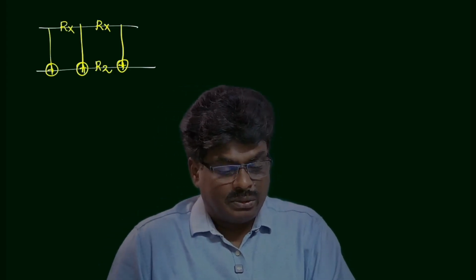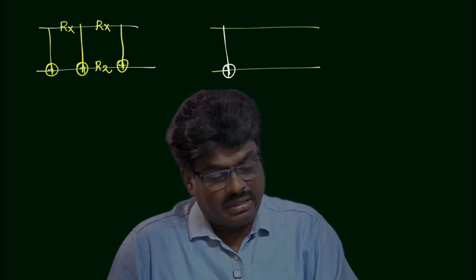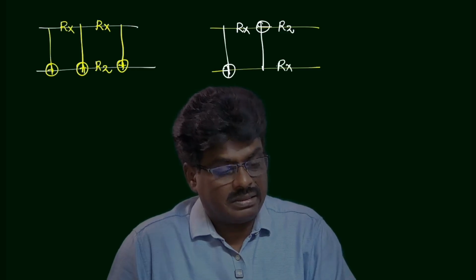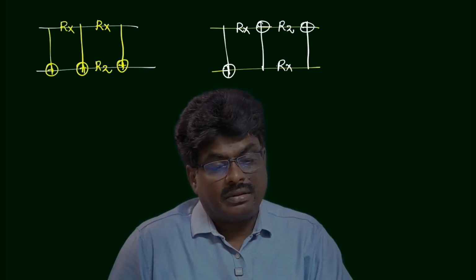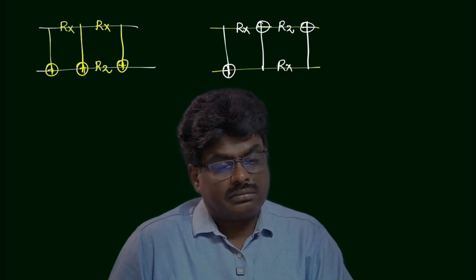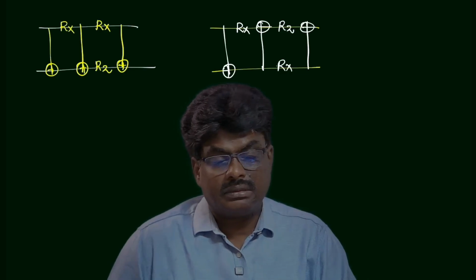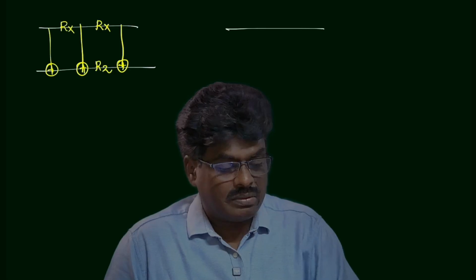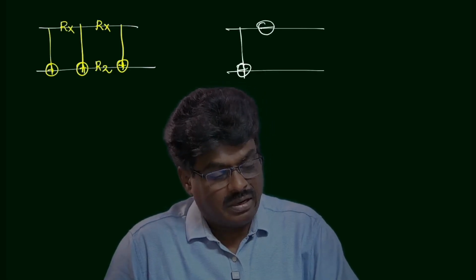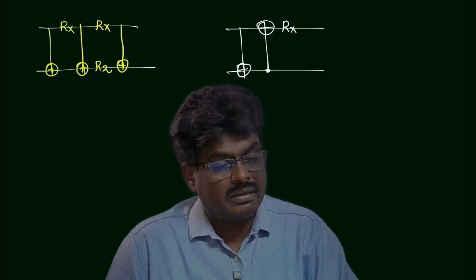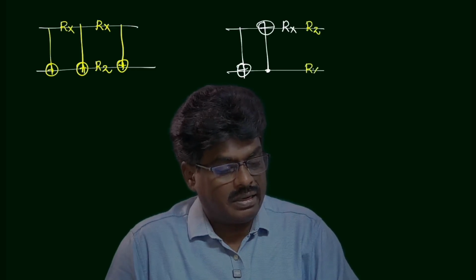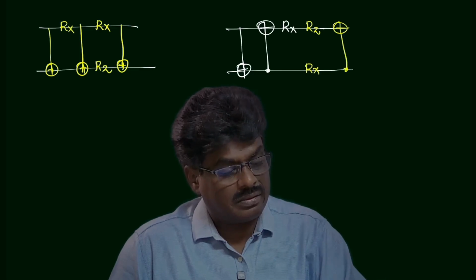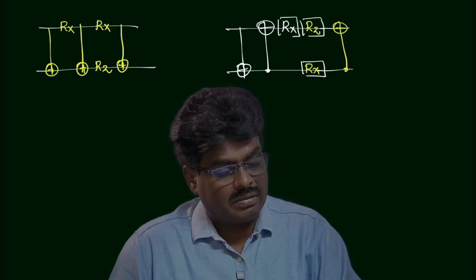They are asking to show that another circuit, which is like this, CNOT, Rx, reverse CNOT, and Rz, and here Rx, and this is CNOT, is equal to this one: CNOT and reverse CNOT, Rx, and here Rz, and here Rx, and finally reverse CNOT, like this.